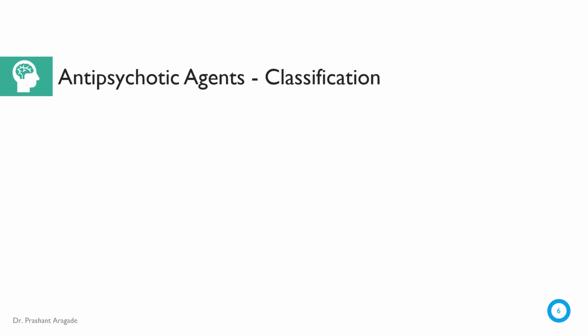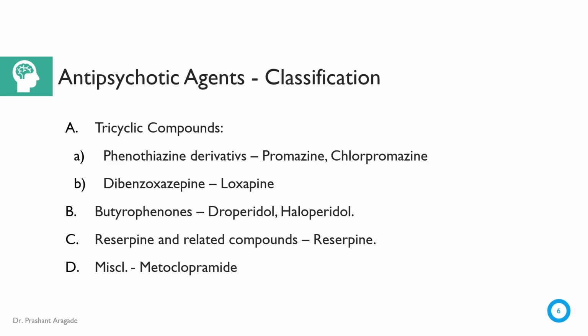To remember the chemical structure of any kind of drug, the first thing you must know is its chemical classification. The chemical classification of antipsychotic agents is as follows. If you go through this classification, you will find the chemical class of haloperidol.